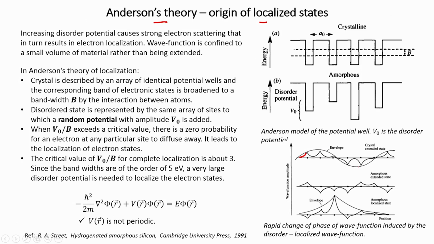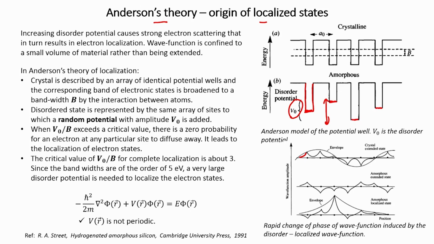But in the case of amorphous materials, we find that the potential well has varying levels of disorder. The floor of the potential well is quite disordered, and in some sense the potential well is not periodic.